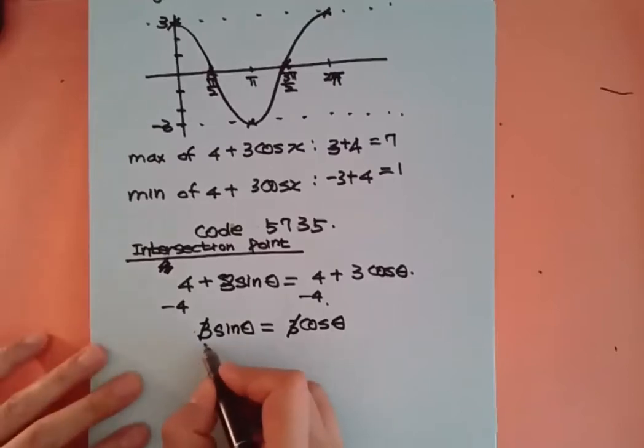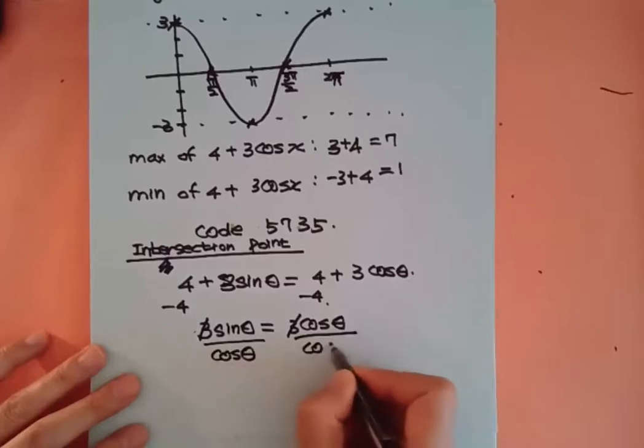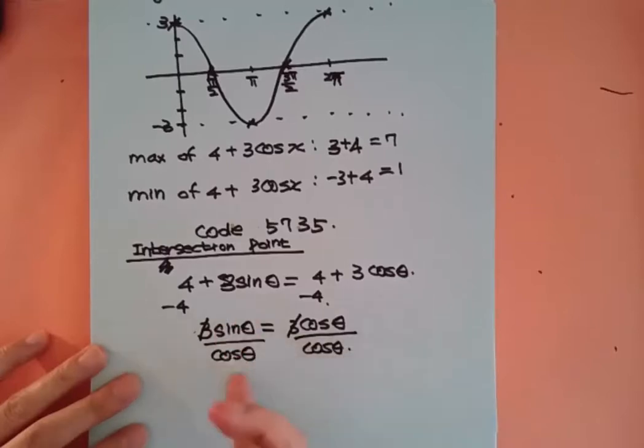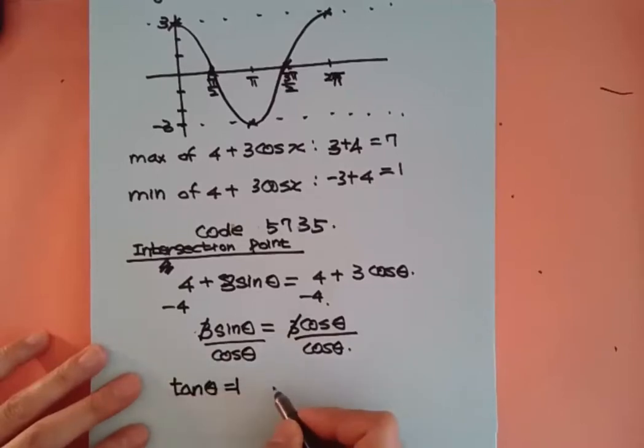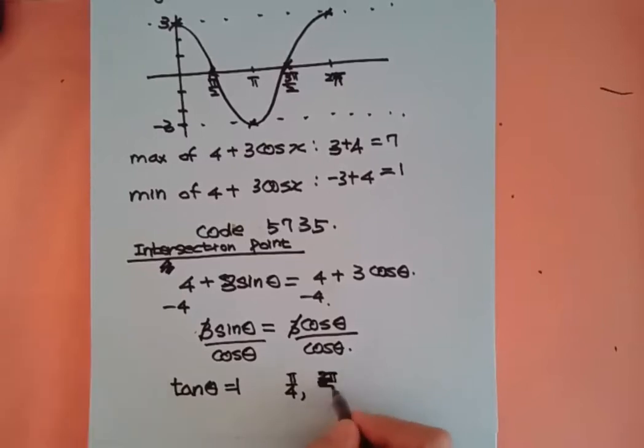We divide by cosine of theta on both sides. On the left side, we have sine over cosine, which is tangent of theta equals 1. So that is pi over 4 or 5 pi over 4, right?